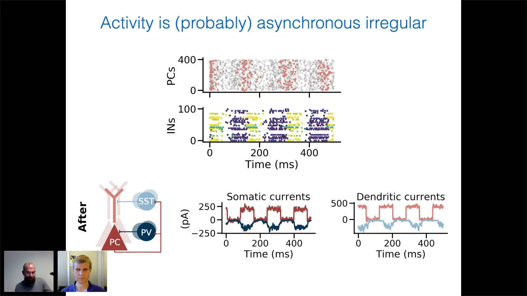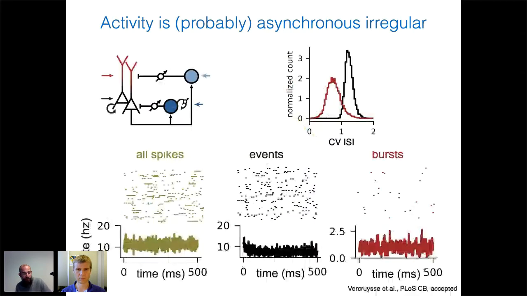Now, I have to be a little bit careful here because the circuit is very small. If you want to backprop through time through a recurrent spiking network, and you don't want to do that on a supercomputer, then you want to keep the circuit comparatively small. And so that means we can't really talk about an AI state here, because that just requires more neurons. But I do know from larger networks that we have run, and that's now work from Philippe Kreusse, who's a postdoc in the lab who worked on plasticity, that if we balance excitation and inhibition through a slightly different objective in dendrite and soma separately, putting these two cell classes in, we actually get an asynchronous irregular state.